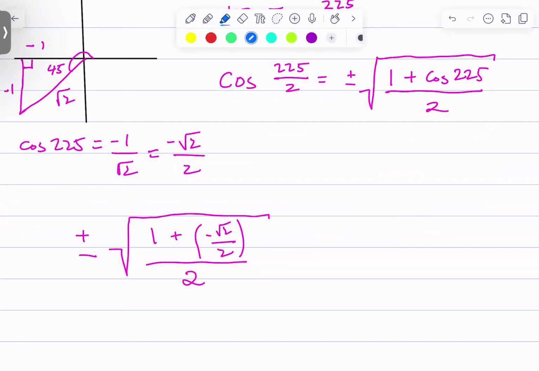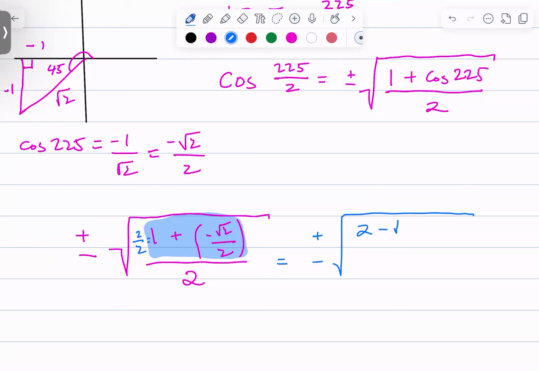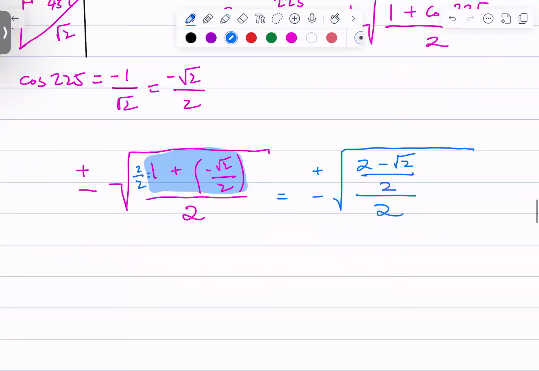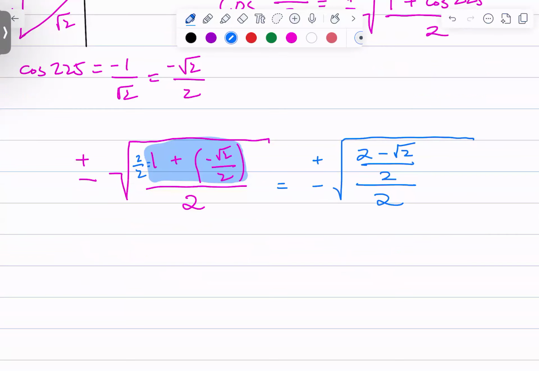Now, just looking at this and getting my common denominator, 1 is 2 over 2, right? So it'll be 2 minus square root of 2 over 2, over 2. Okay. So simplifying that, keep, change, flip it.